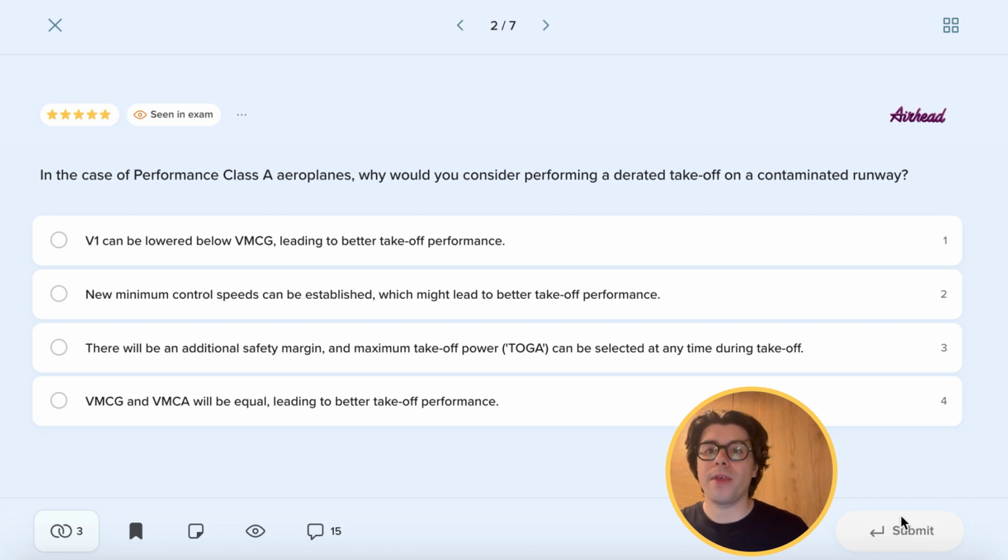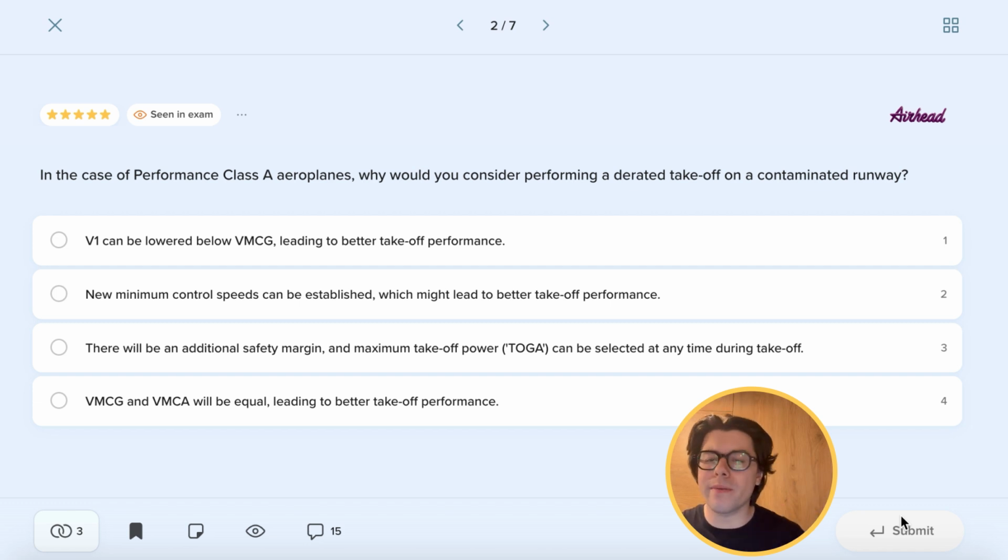And this can change the VMCG, the minimum control speed on the ground, because now when the engines are giving us less power, the asymmetry will be less, so we'll need slightly less opposing yawing motion in order to counteract the possible engine failure.